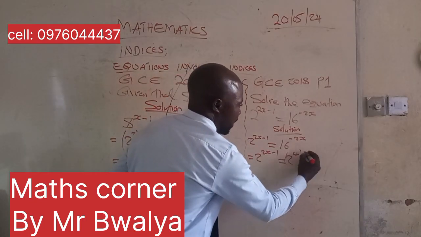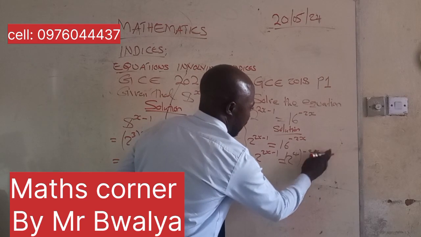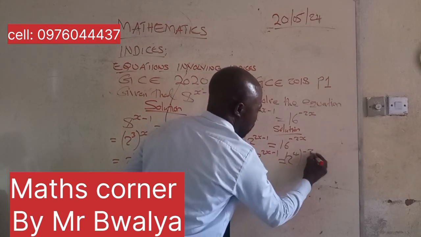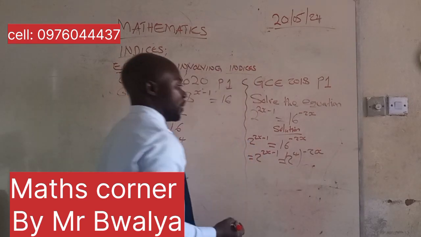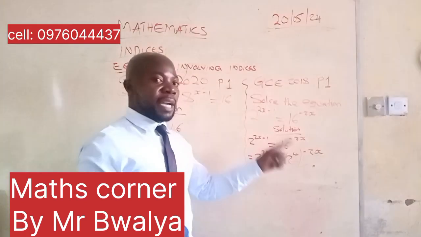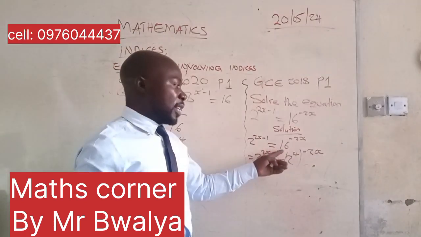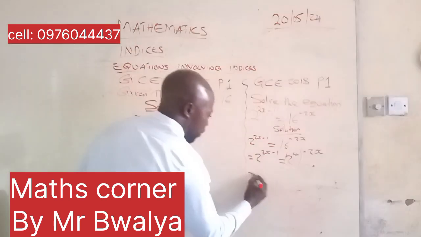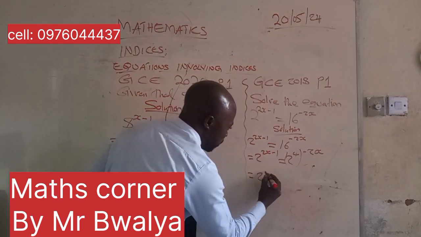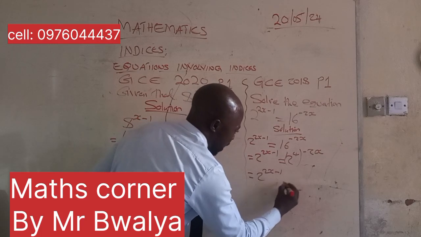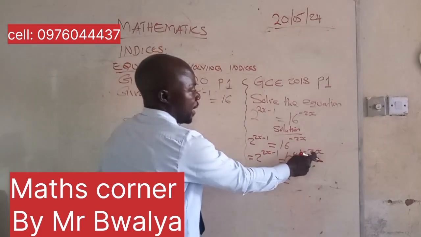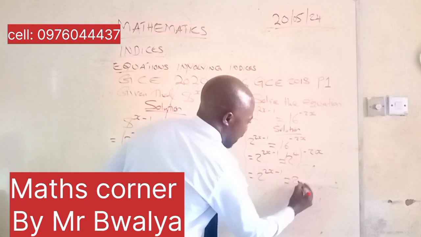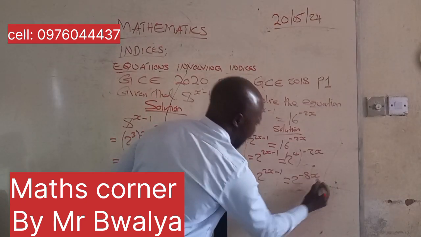We can open up or close up. If you multiply 2 times 2 times 2 times 2, 4 times, it gives us 16, right? Therefore, 2 to the power 2x minus 1 is equal to 2 to the power 4 times negative 2x, which will give us negative 8x.